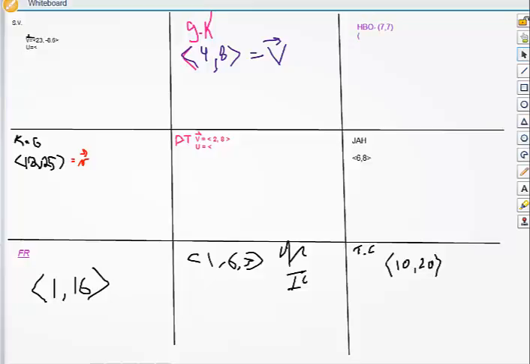Remember how to do those orthogonal vectors? They're orthogonal if they've had their x and their y switched around and one of their signs changed, and it doesn't matter which one.